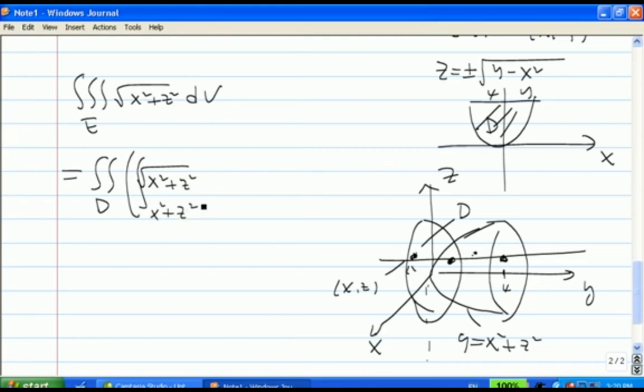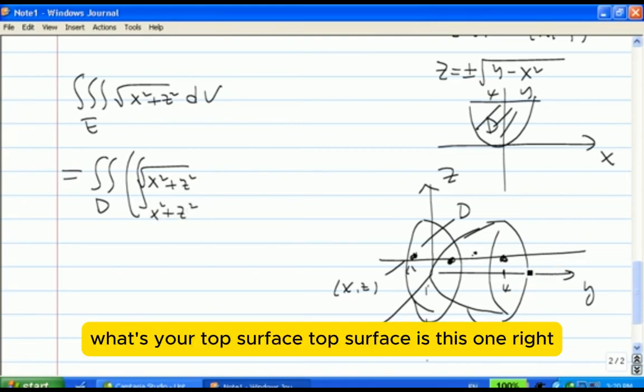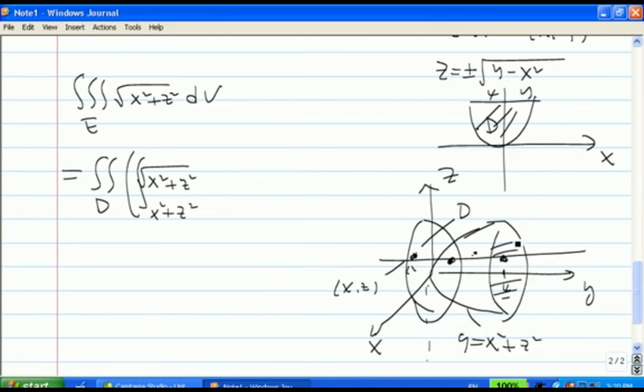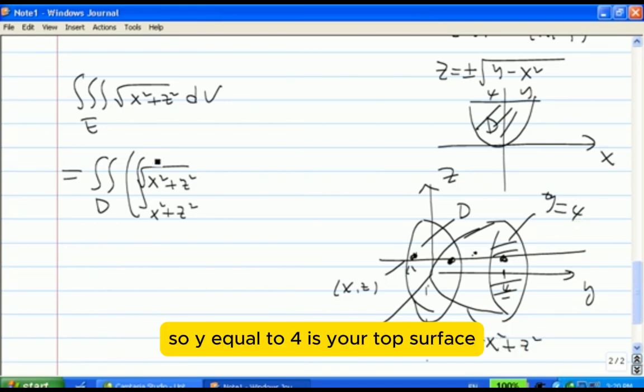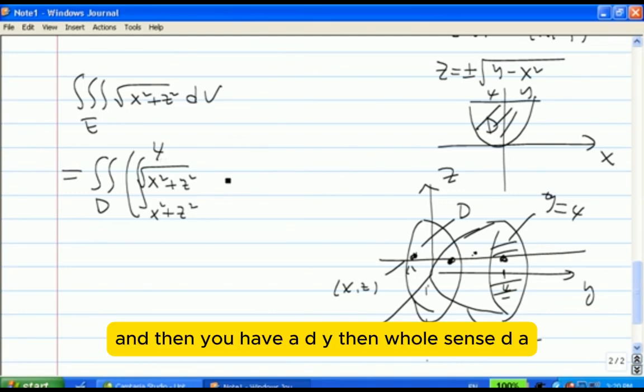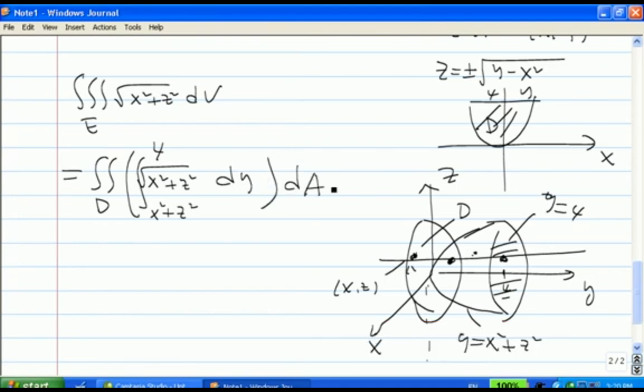Okay, what's your top surface? The top surface is this one, right? What is this surface? y equal to 4, which is a plane parallel with the xz plane. So y equal to 4 is your top surface. Okay. And then you have dy, then the whole thing dA.